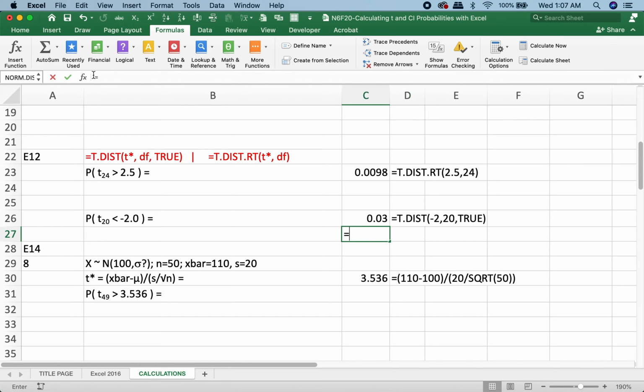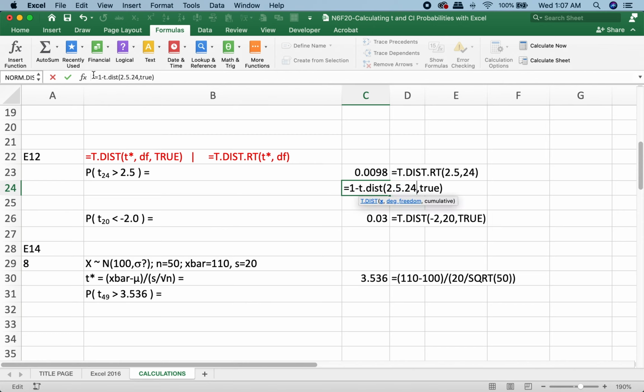Now, incidentally, let's go back up here to the T.DIST.RT. You could also do that as 1 minus T.DIST, which is the area from some point down, 2.5, and then 24 degrees of freedom, and then you have to put in true.